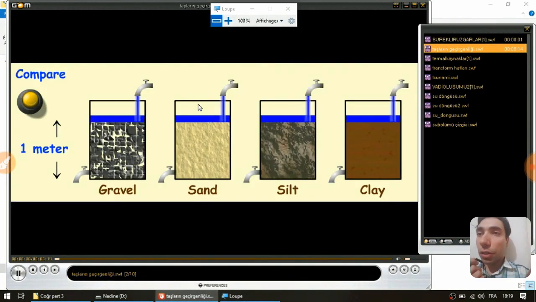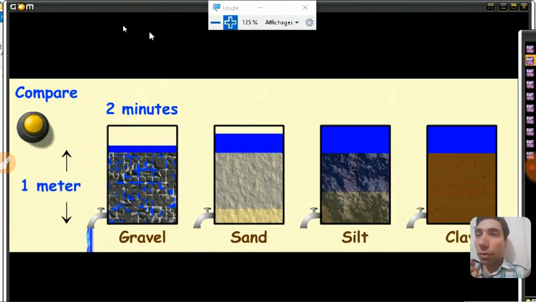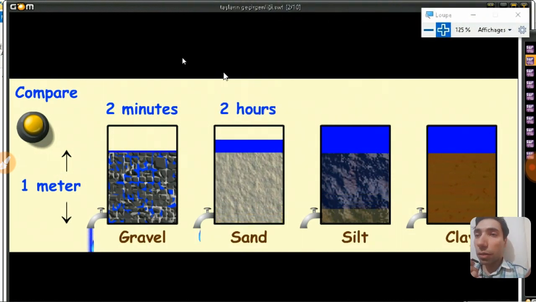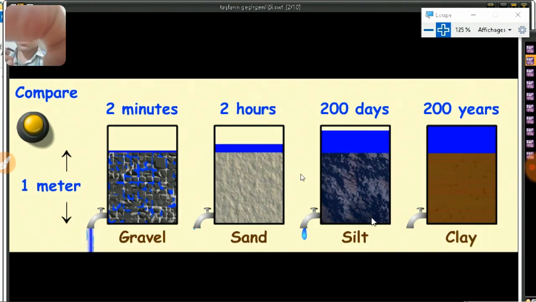So clay is the least permeable to water. Gravel absorbs in 2 minutes and it just drains away. Water can be blocked a little by sand. 200 days, just a simple sip in silt. And clay, as you can see, is 200 years.